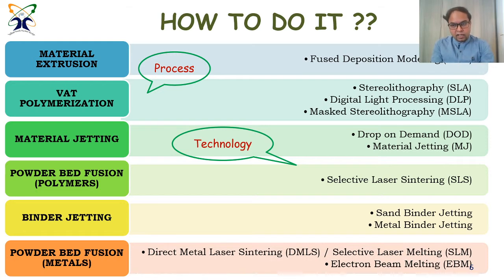Stereolithography, SLA, digital light processing, DLP, masked stereolithography, MSLA, drop on demand, material jetting, selective laser sintering, sand binder jetting, metal binder jetting, direct metal laser sintering, sometimes called selective laser melting, and electron beam melting. So depending on what you really want to print, accordingly you use which technique you should use to print it.